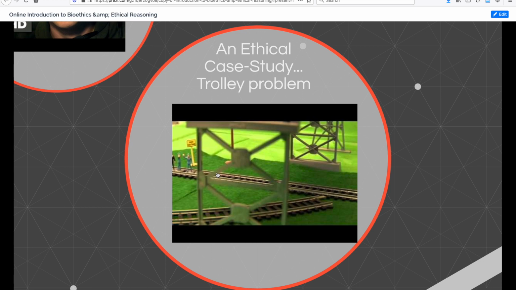And then I'm going to prompt you with a few questions. And if you want to tarry with those questions, if you want to discuss those questions in the discussion forum, that would be wonderful. We can also discuss the trolley problem more in depth on Friday as well, although we'll be moving into principalism on Friday too. So let's see if this works.